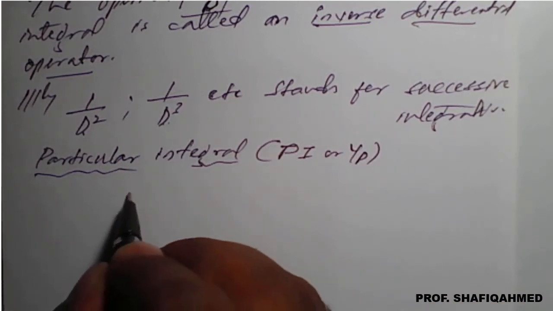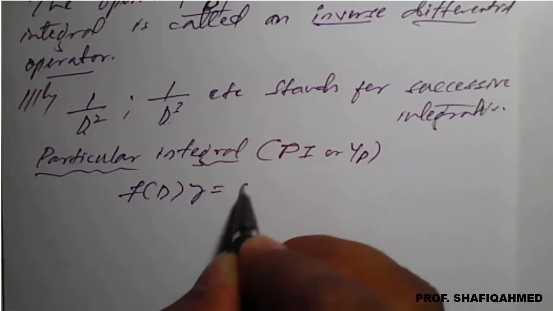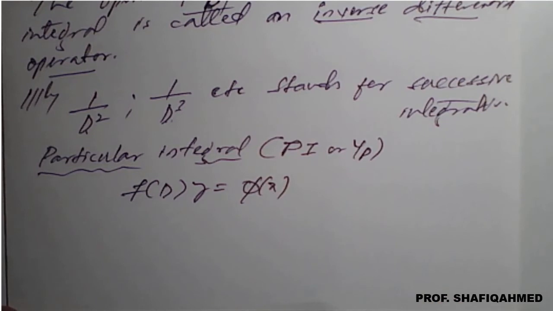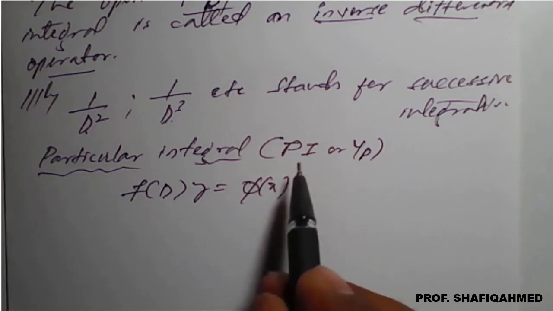So we know that our equation will be f of D of y equals phi of x, which is nothing but a non-homogeneous differential equation. For the left hand side we'll get yc, but for the right hand side we are going to get a particular integral.